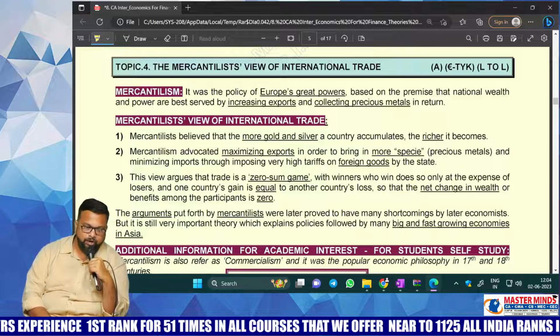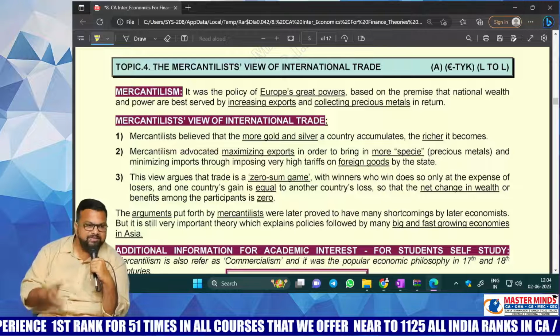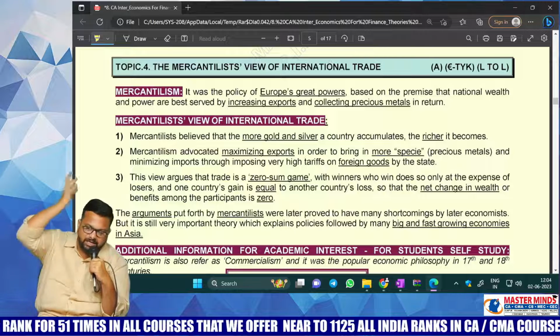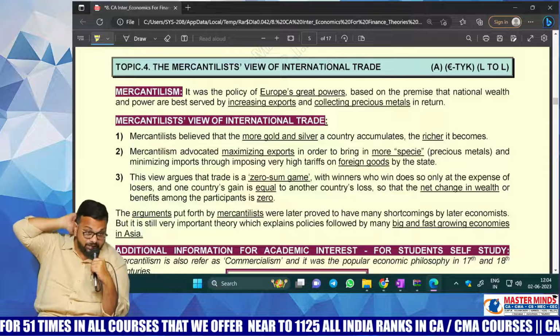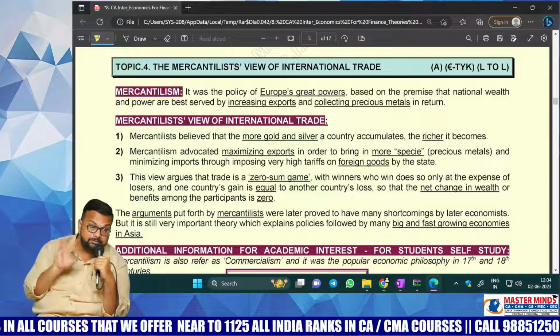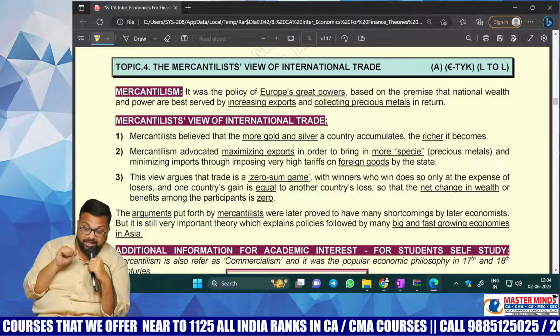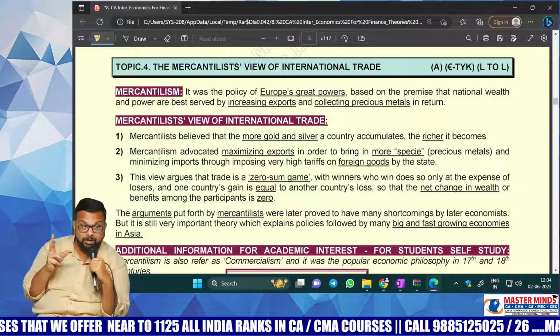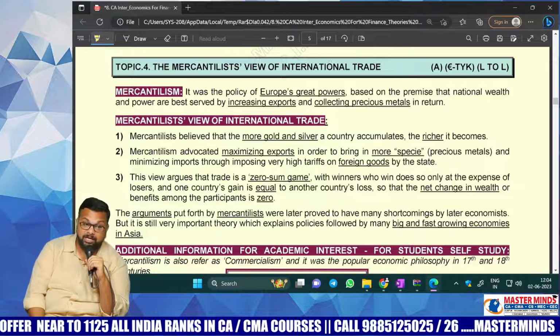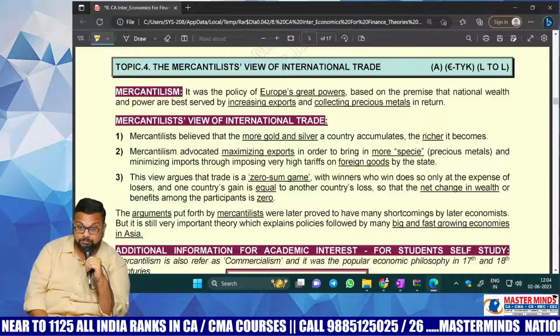A country accumulates. That was the assumption. If we accumulate more and more gold and silver, the wealth of the country increases and the country becomes rich. In those days, they focused only on wealth, not on development. Increase in wealth is one thing and increase in development is another. Both are completely different. Your wealth may increase, but your standard of living may be poor.